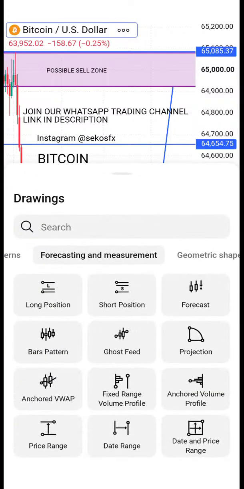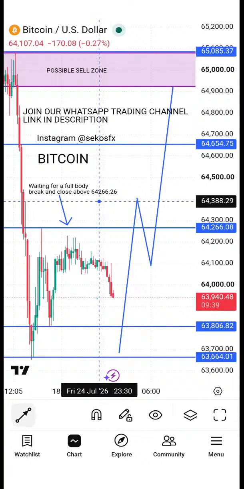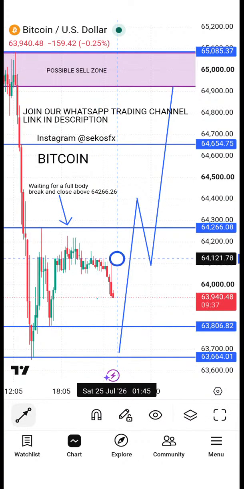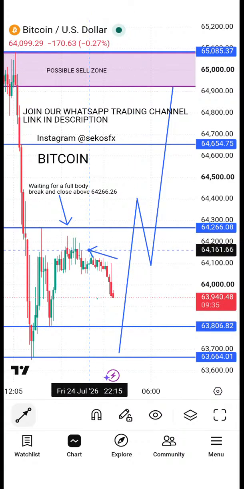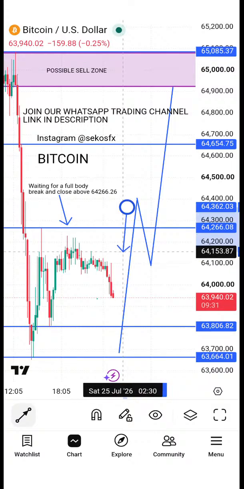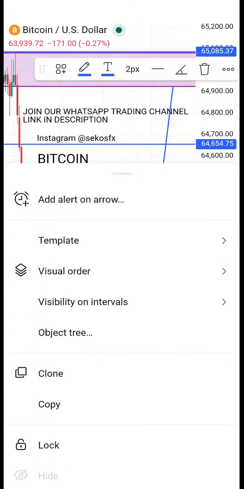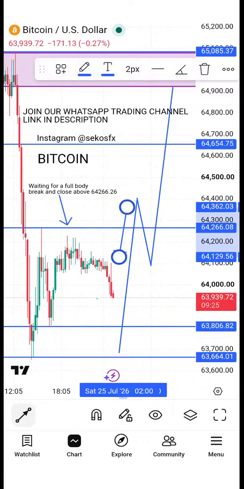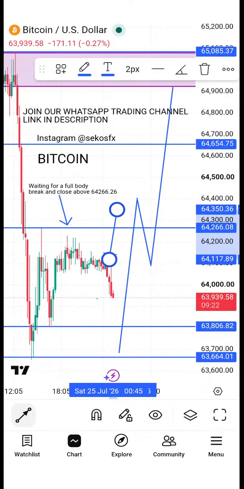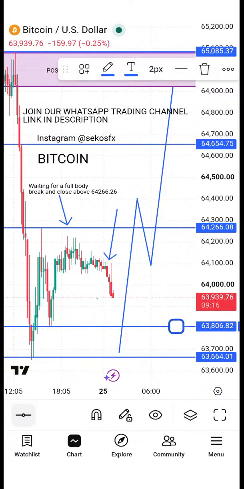You can use this area as your stop loss, and then you target here.